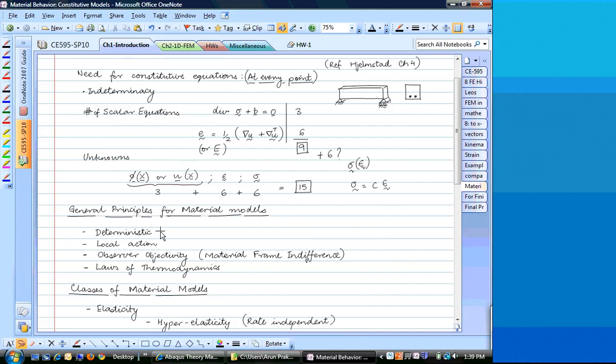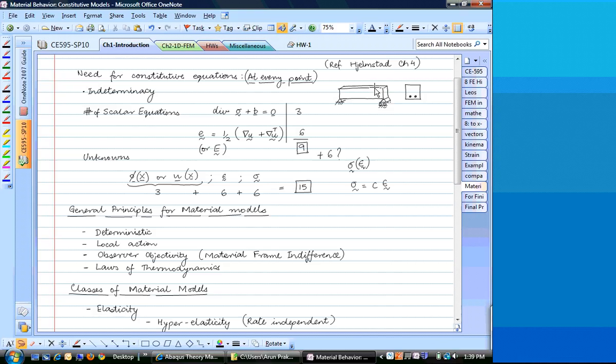So when we are developing these material models or constitutive theories, we have to keep in mind certain principles. One is the principle of determinism. Has anybody heard of that? What this is saying is that if you go to any point in your body, the material behavior of that point depends only on its own history.